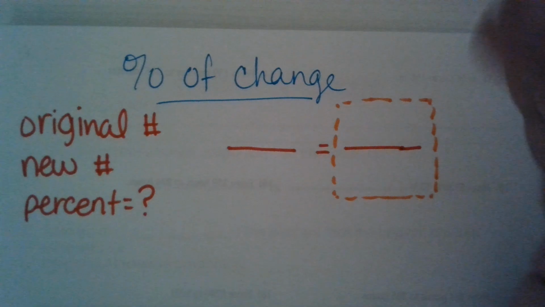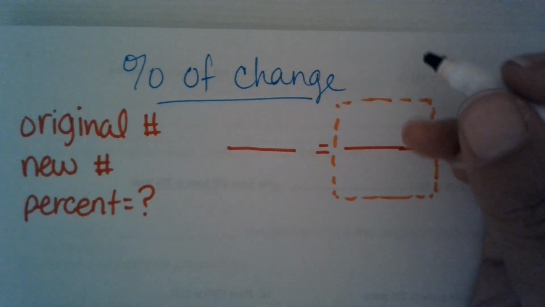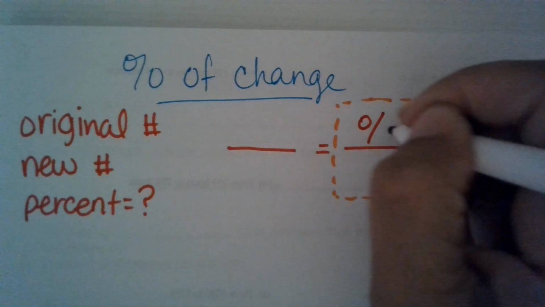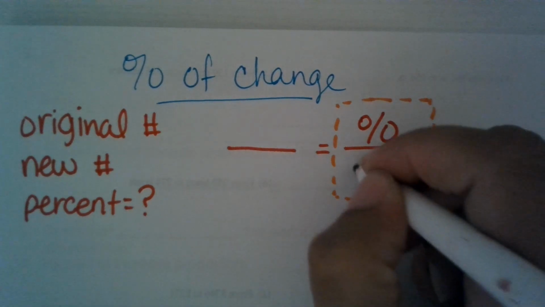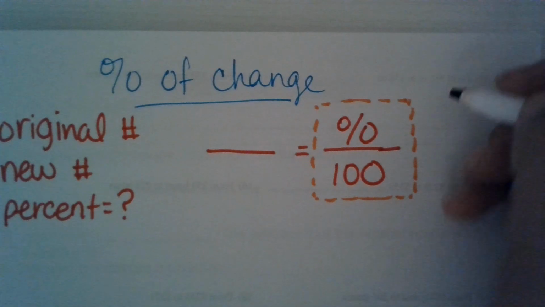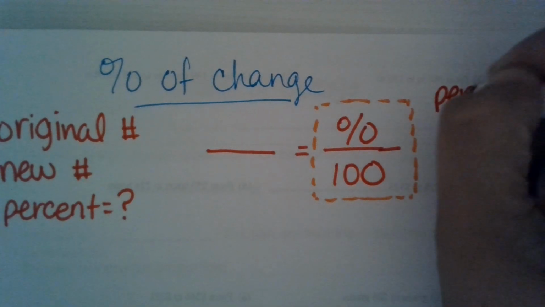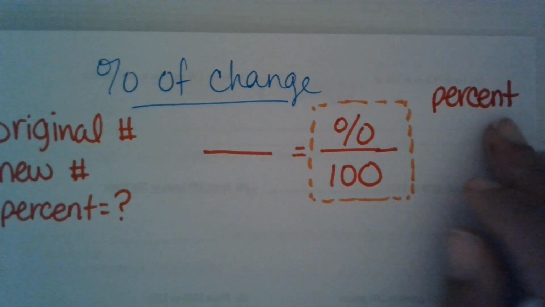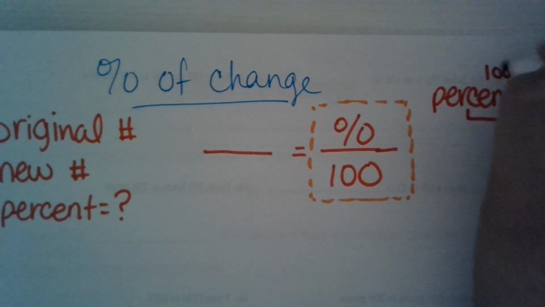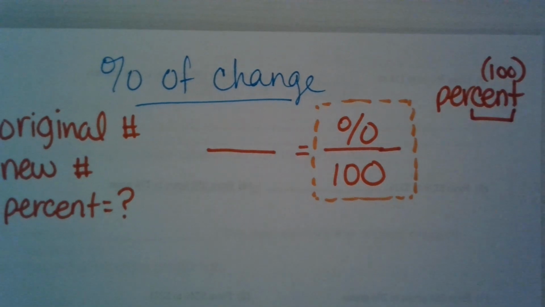This fraction always, and I say this with clarity, always should be whatever the percent is over 100. The reason why it's out of 100 is because the word percent literally means per 100. That's literally what that means.